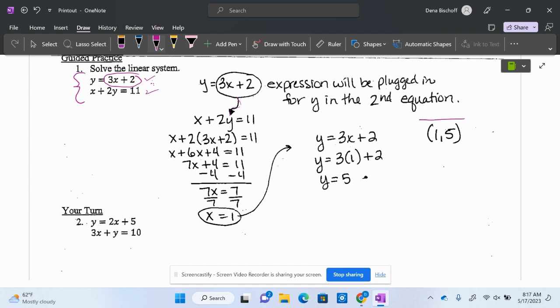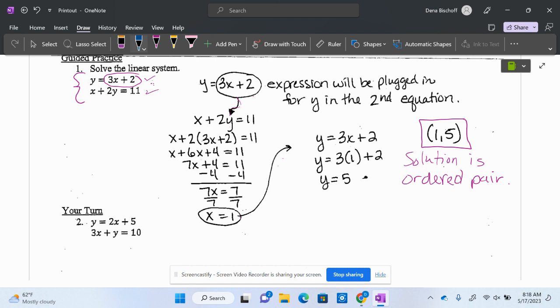So my solution is an ordered pair. If you don't write it as an ordered pair, it's not finished. It's not done. Your solution is an ordered pair. You will have an x and a y coordinate if you solve it right, okay?